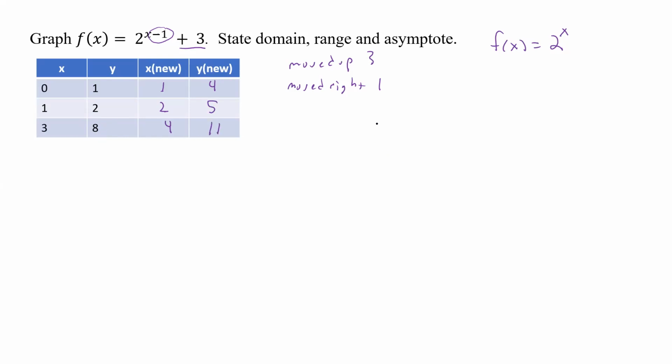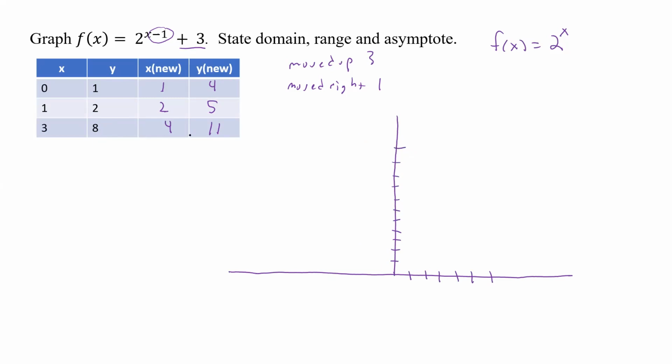Okay, so now let's see if we can attempt to draw this. Okay, so let's say 1, 2, 3, 4, 5, 6. We only need to go to 4. That's good. Then 1, 2, 3, 4, 5, 6, 7, 8, 9, 10, 11.